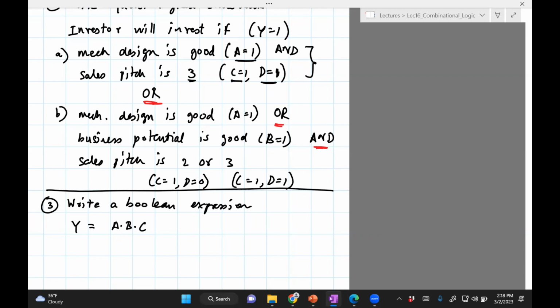So now if a, c, d all are 1, like you have over here, then y would be 1, right? If any of those are 0, then y would be 0, which satisfies this logic. Now there's an or, so I put a plus, and I do the same thing with b. So mechanical design is good, so a equals 1, so I write it as a. Business potential is good, so that's an or.